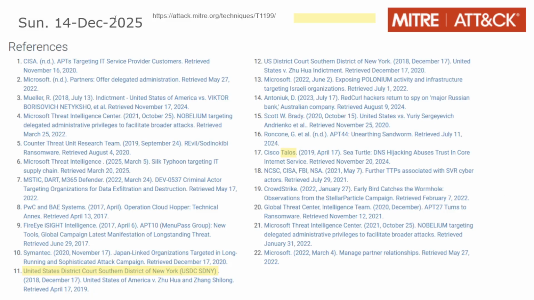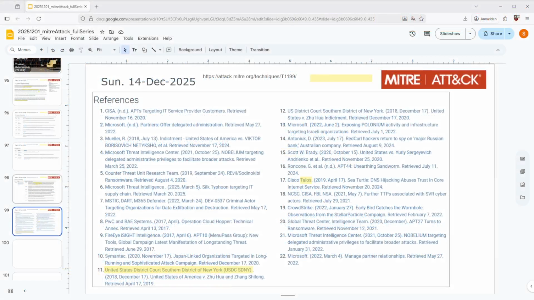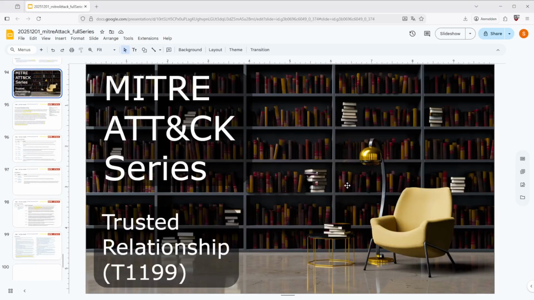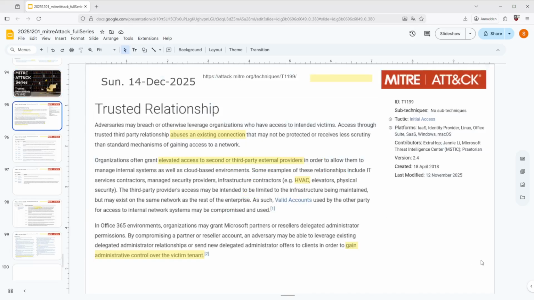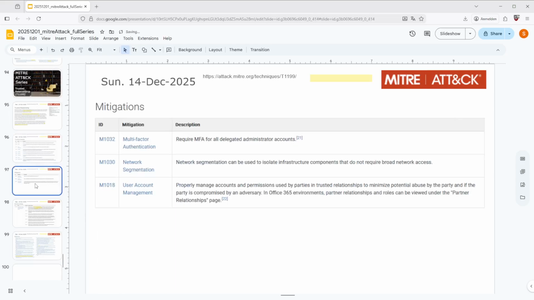Obviously, let me know if some of these sources are interesting to you, and then we will look into that as well. But yeah, so far so good. So this is trusted relationships. I think we obtained a good understanding now of what it is and what to look out for. We can locate it in the kill chain, initial access. We know some procedures, what these hacker groups have been doing in the past. Mitigations: segment your network as usual, but user account management is the one that stands out here the most, I think.